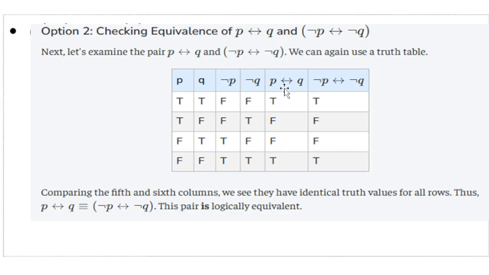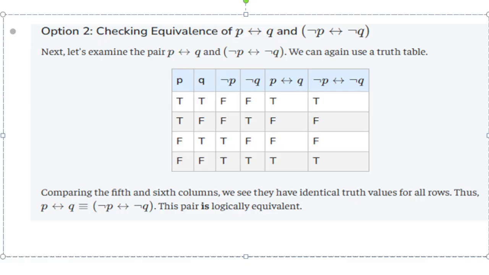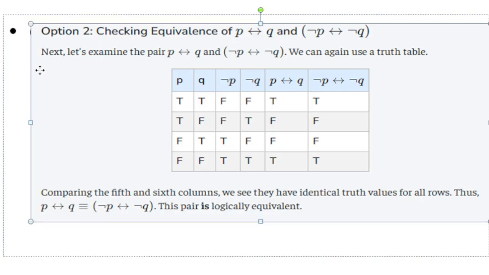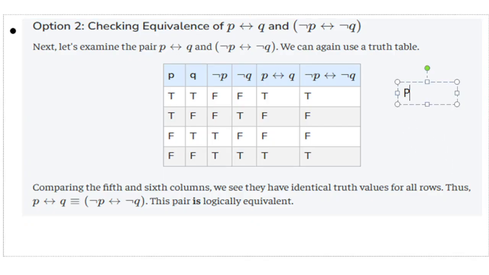P biconditional Q means wherever both the values are true, P true and Q true, then we will get the result true.